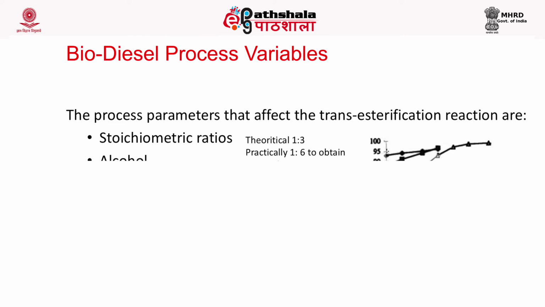Now, second parameter is the alcohol. So we have two options, either we can use methanol or ethanol. Here the point is that if we use methanol, most of the methanol is produced from petroleum products.